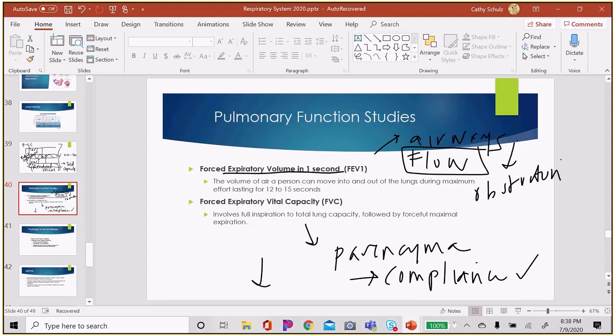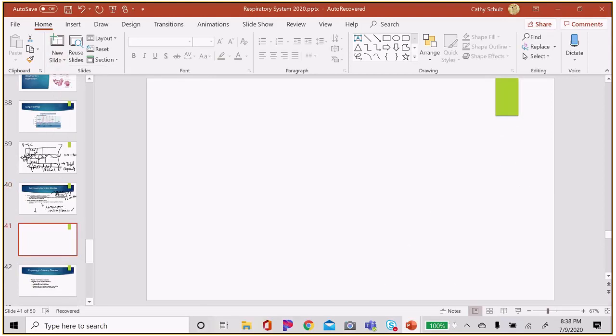We not only look at these volumes, but we also look at them in relation to each other. If I had someone with asthma, that's an obstructive disorder of the airway itself because there's scarring, thickness, and increased mucus in the airway. The amount of flow over 1 second is decreased.